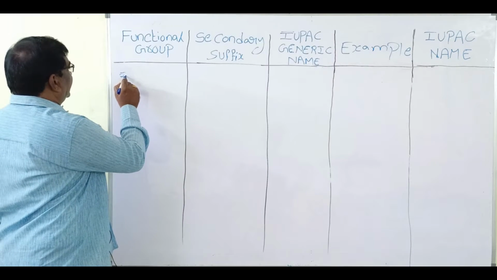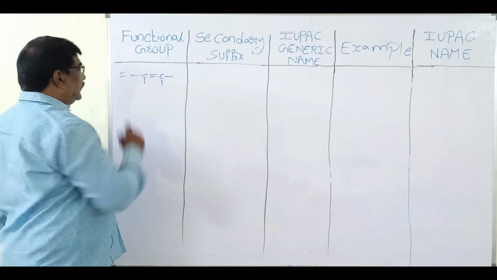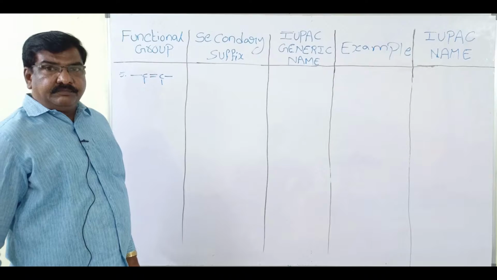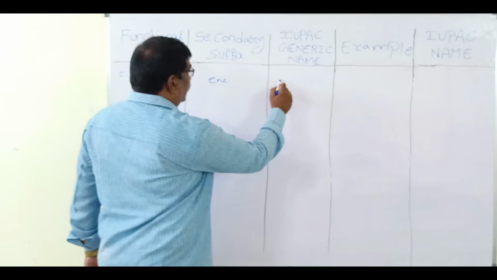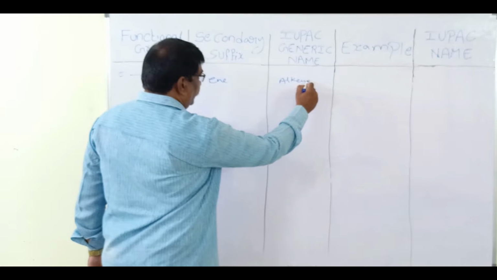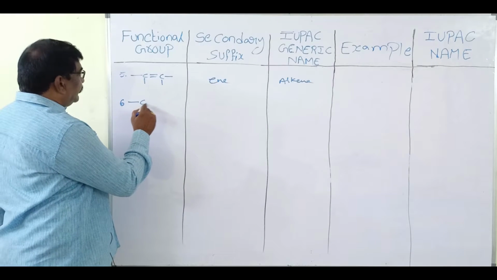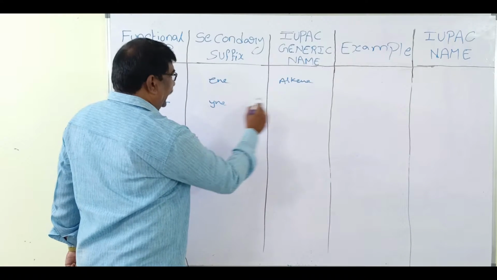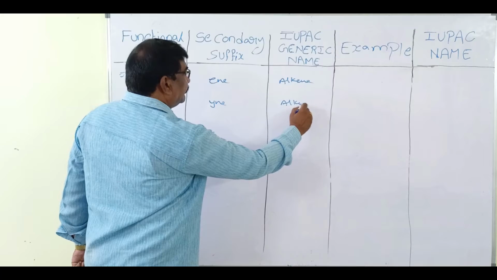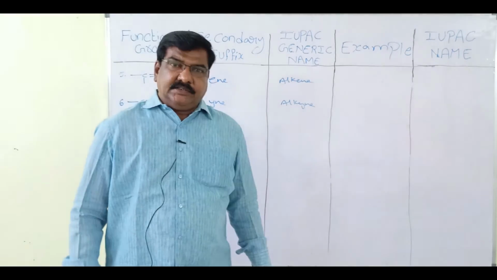For the sake of convenience, I am giving you 2 more functional groups, placed at 5th and 6th order. The 5th one is carbon-carbon double bond, alkene. And the 6th one, carbon-carbon triple bond, and it is alkyne. The first priority is always given to carboxylic acid.